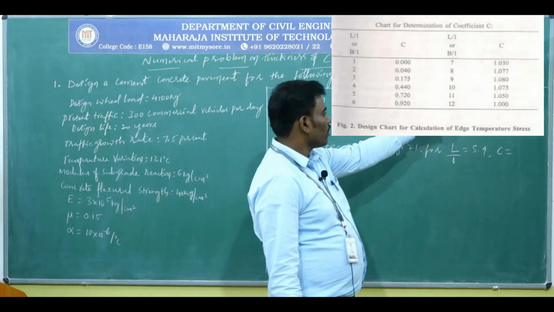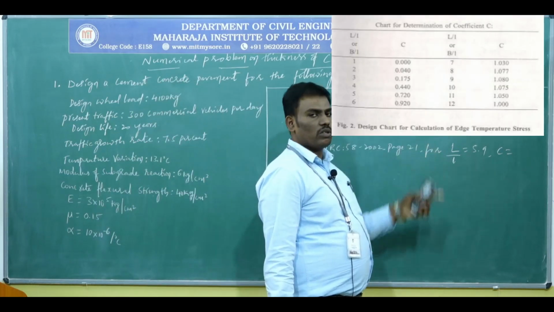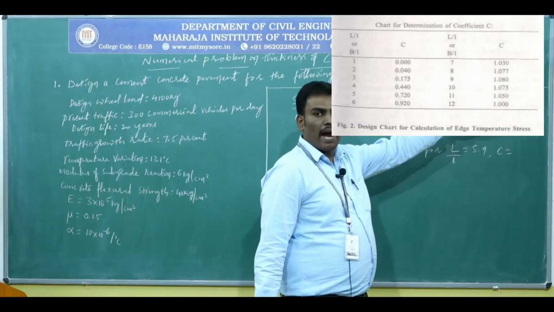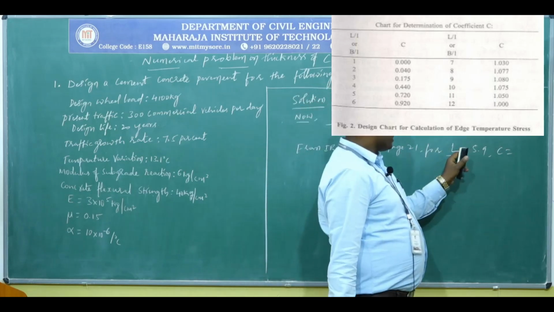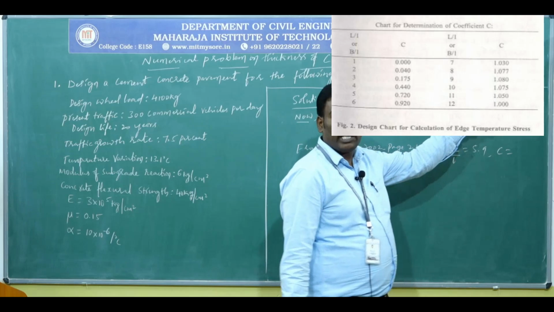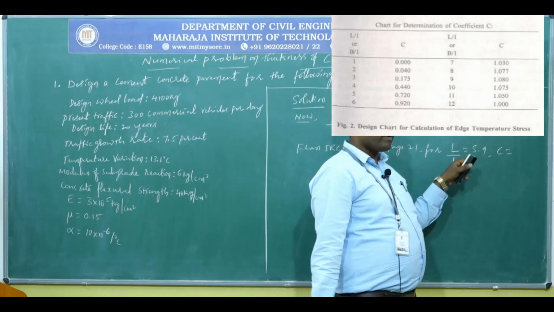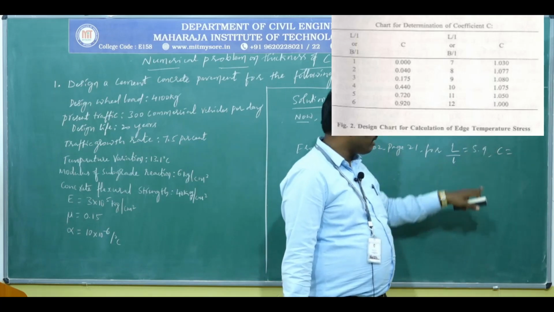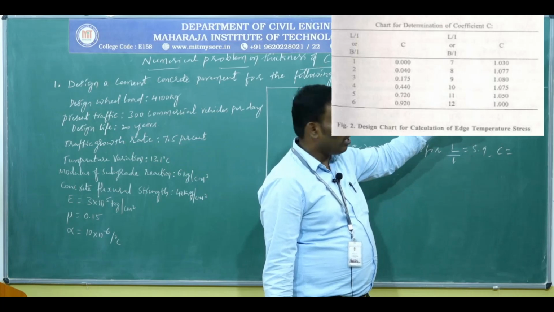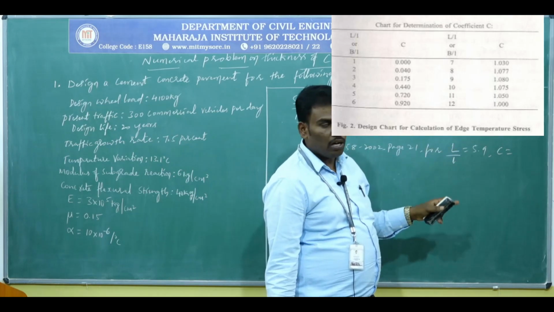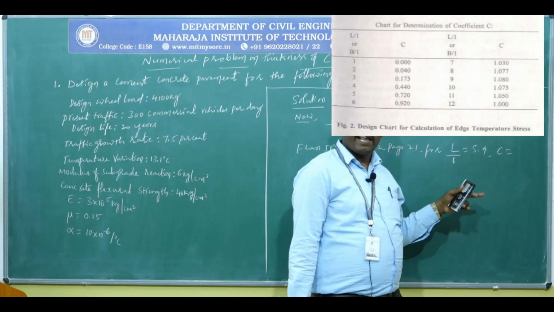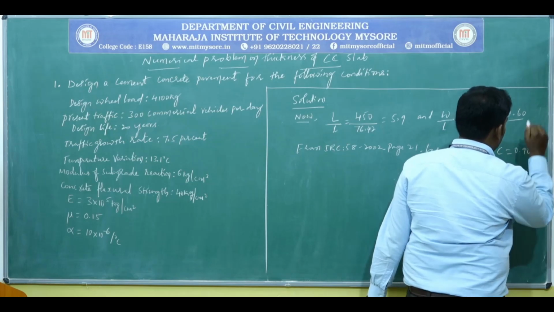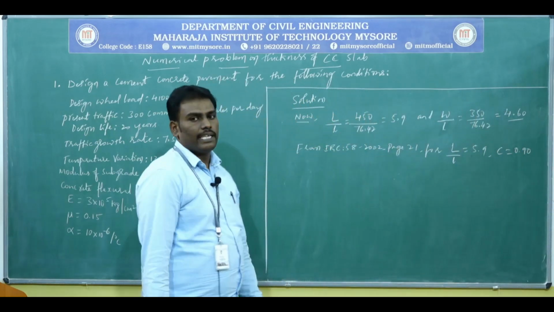You may see here, this is a coefficient chart as per IRC 58/2002. For the L by l ratio of 5, you have 0.720, and for the L by l ratio of 6, we have 0.920. Then for 5.9, it is between 0.720 and 0.920, so interpolate it for 5.9. What is the value? It's about 0.9.